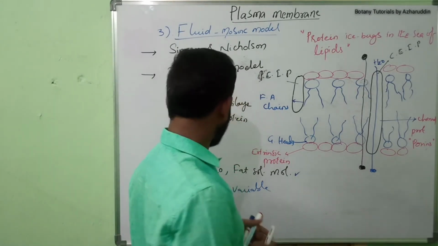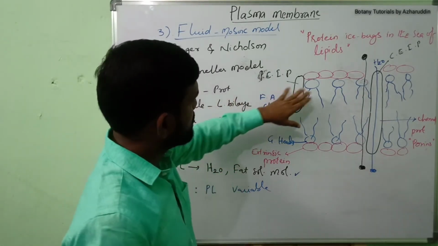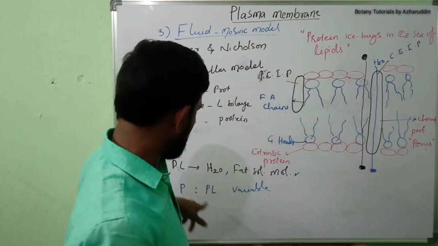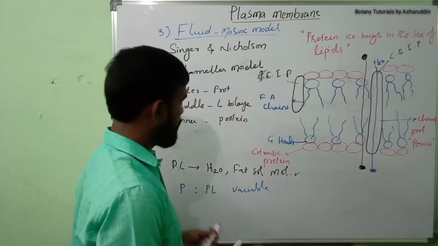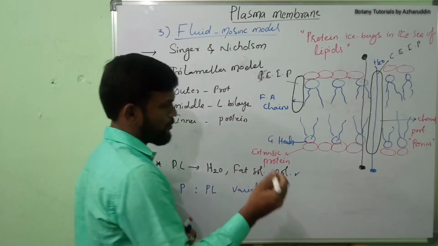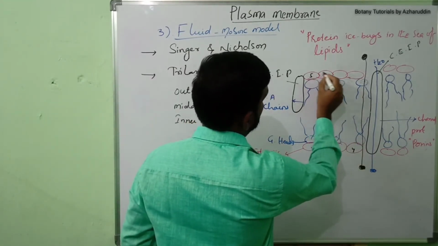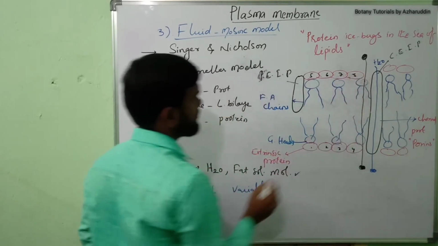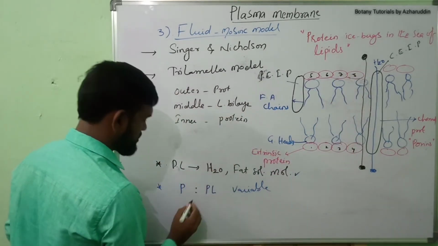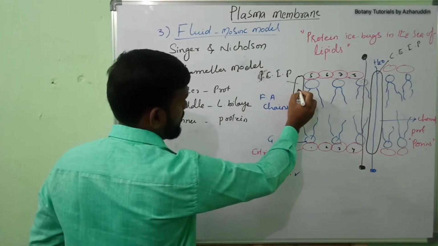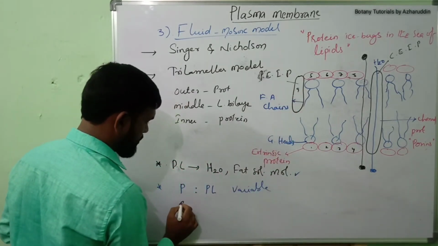For example, how many proteins are present here? These are proteins 1, 2, 3, 4, 5, 6, 7, 8. Eight proteins are present. This is another one, 9. Nine proteins are present.